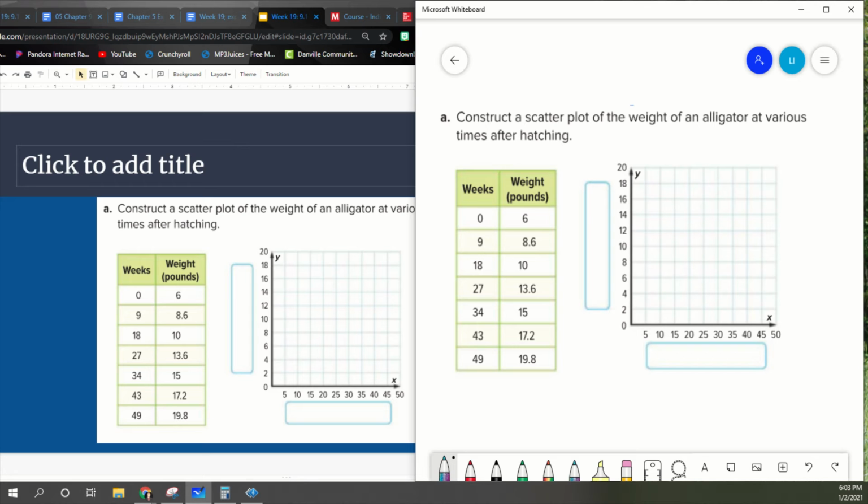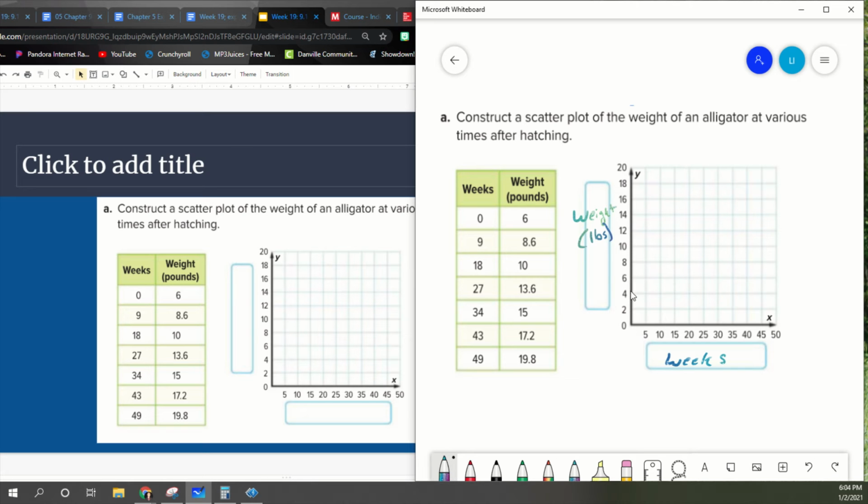First you have to determine what's going to be on your x and what's going to be on your y. I like to have time, generally all the time, on our x-axis. So weeks is going to be on our x-axis, while weight in pounds is going to be on our y-axis.